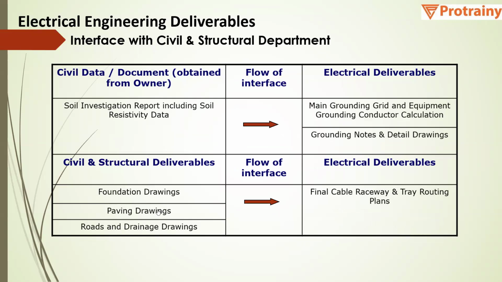Then based on the civil data, while doing the geotechnical investigation, we will be able to quantify the soil resistivity data, and based on that the grounding calculation will be done, and the size of the conductor used for grounding will be based on that particular data. Then based on the foundation drawing, paving drawing, and road drawing, the final cable tray layout and cable routing will be done.